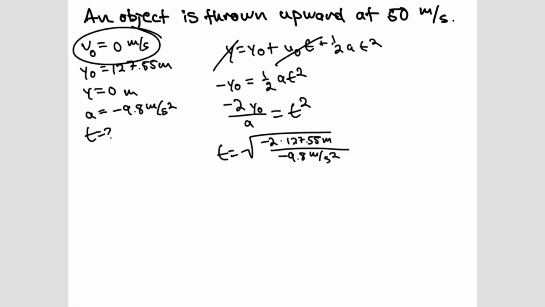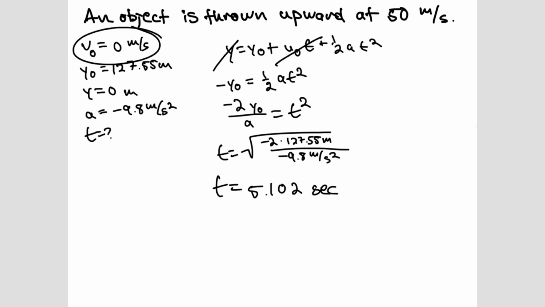Plug this into the calculator: fraction, negative 2 times 127.55 over 9.8, with a negative in front of that. This gives 5.102.